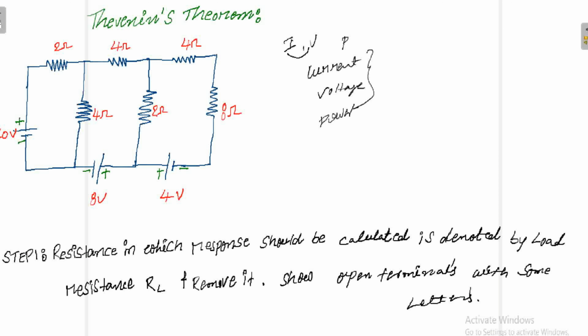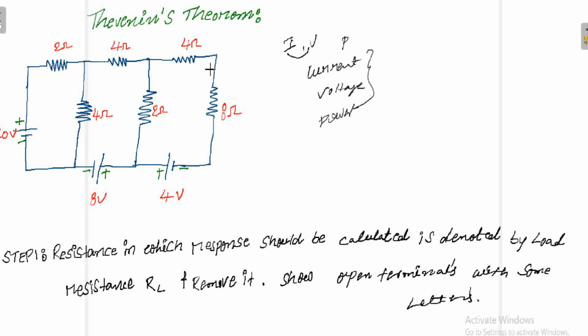Already we have seen in the introduction to Thevenin's theorem, without using any theorem, we tried calculating the current through this 8 ohms, and we got a value of 15 by 37 amps.